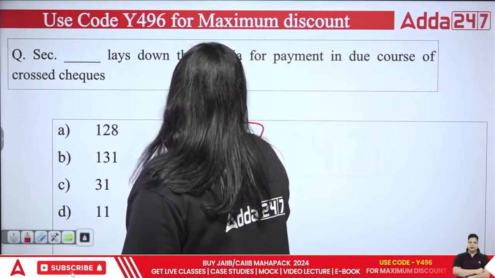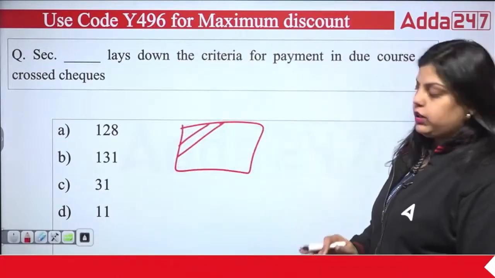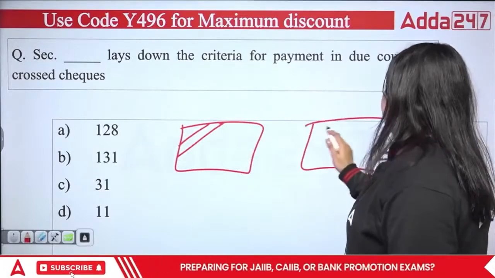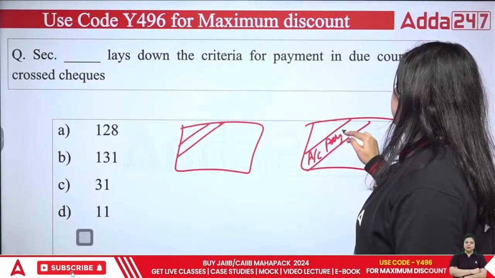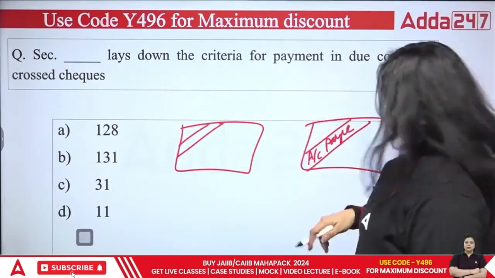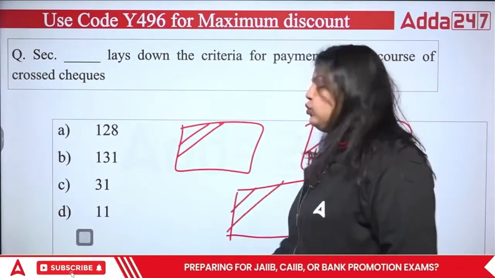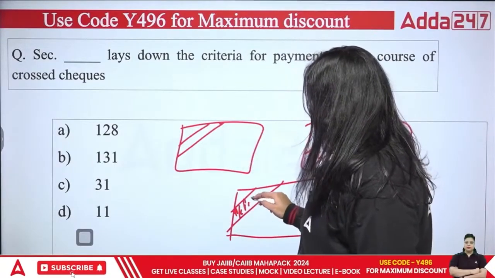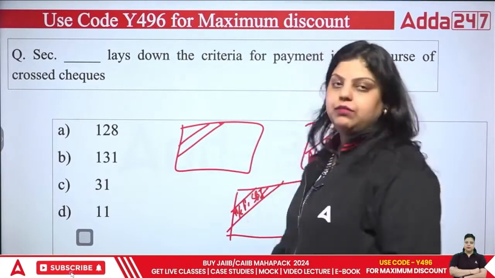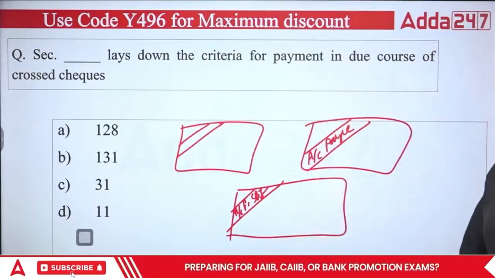The general crossing, that is, you have two parallel lines on the top left of a check. Then we have the account payee crossing, where account payee is written between the two parallel lines on the top left. And there is a special crossing, where on the left side you have two parallel lines in which account payee or a particular bank's name is written. Let's say I have written SBI. So general crossing, account payee crossing, special crossing. These three types of crossing will be seen.